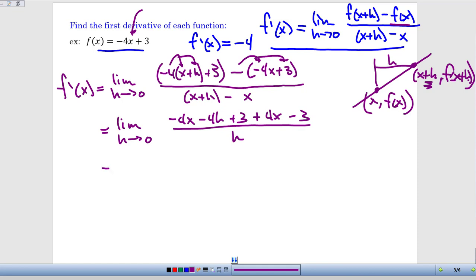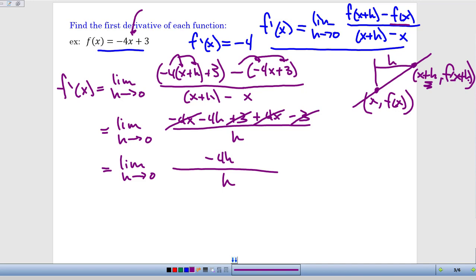So before I can plug in h equals 0, I still have to remove my discontinuity. So before I do that, I need to gather like terms up in the numerator of my expression. So hopefully we can see that the negative 4x's cancel out, and the 3's cancel out. So out of all of that on the top, we're left with negative 4h, and in the bottom, we're left with h. I still can't plug in 0 for h.